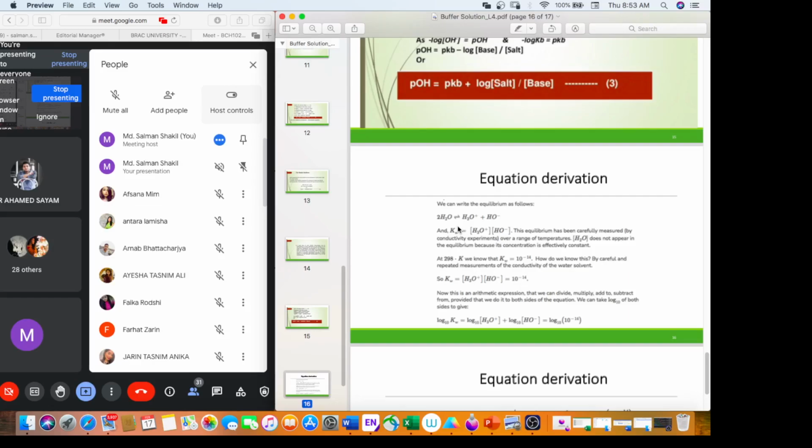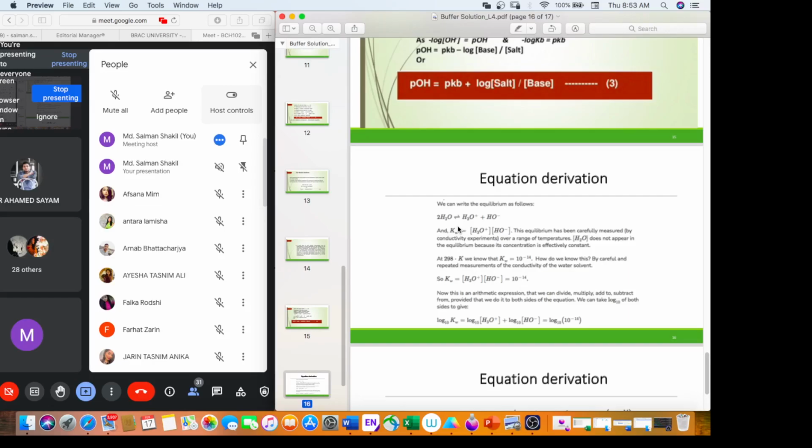Yes, sir. Okay, then we can replace this by this value, right? Now if we take log on both sides, then we can write something like this, right? As it is log base 10, then it will subtract, so we'll write here minus 14.